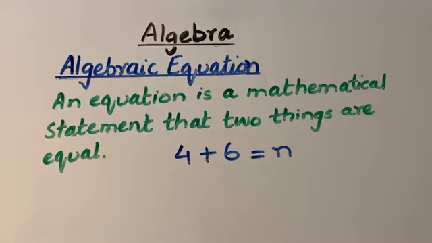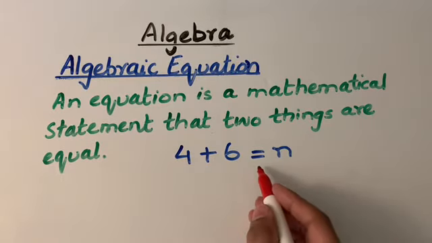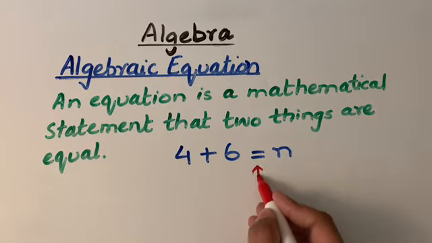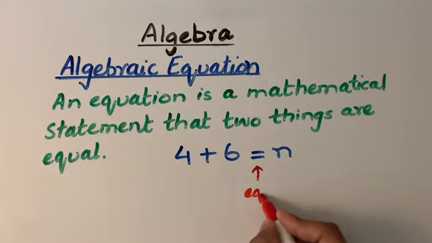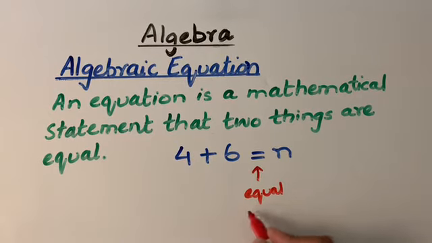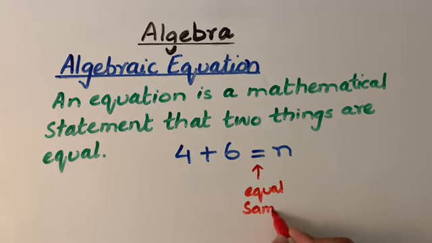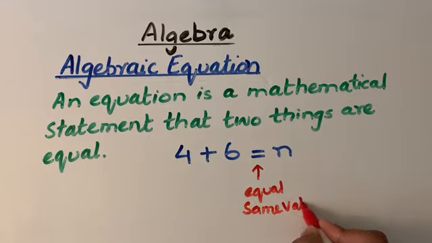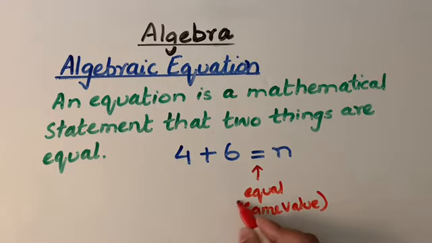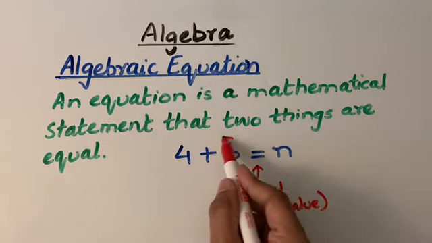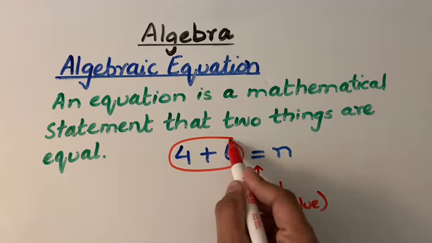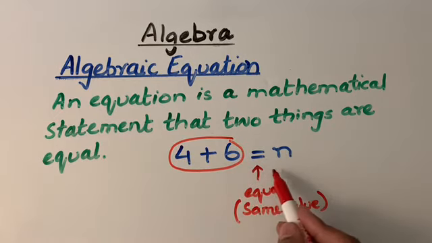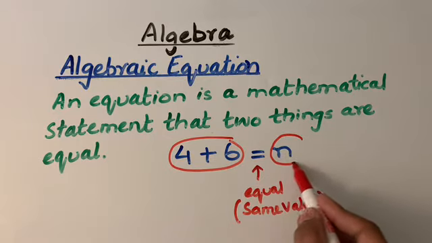In this algebraic equation, this equal sign is very important, and the equal sign in an algebraic equation says that things on this side of the equal sign have the same value as the things on the other side of the equal sign.